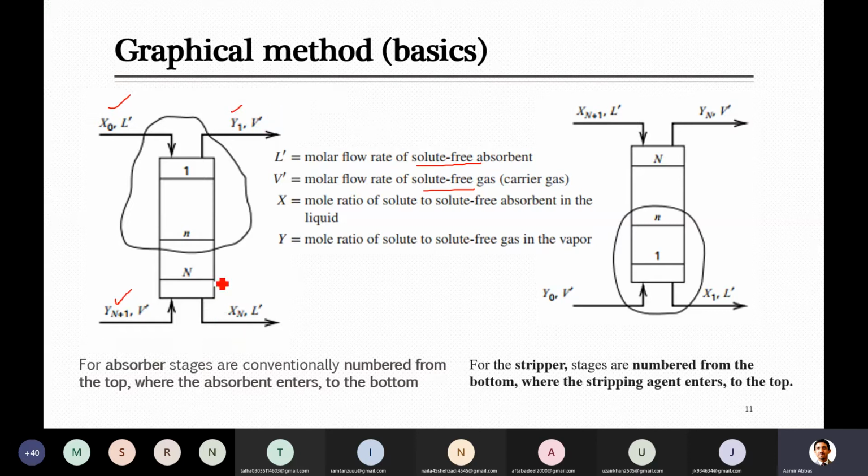And from the bottom, liquid leaves from the nth tray and leaves the system, so Xn is mentioned here, the concentration of the solute leaving from the nth tray out of the column. And the liquid flow rate, because we have considered it solute free, will remain the same throughout the column.